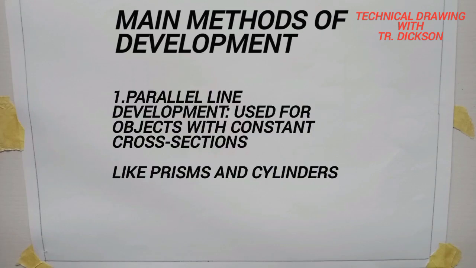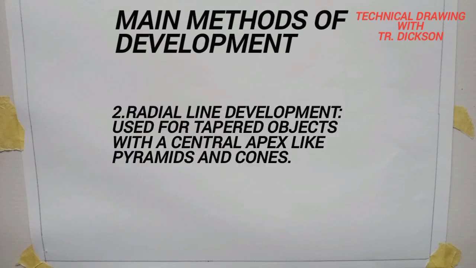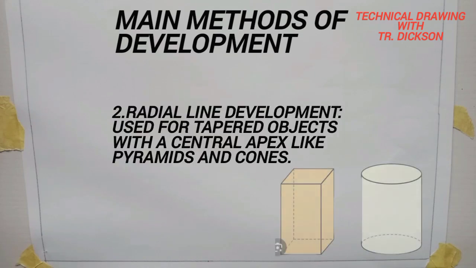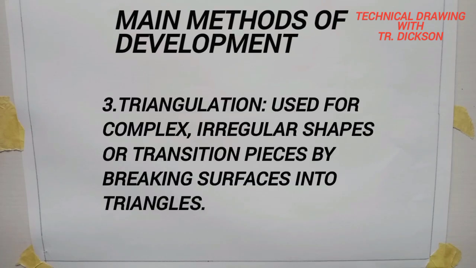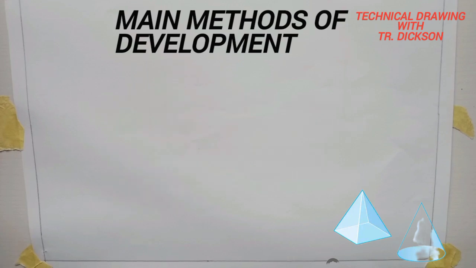So we have different methods of development, one of which is parallel line development, used for objects with constant cross-section like prisms and cylinders. Also we have radial line development, used for tapered objects with points like pyramids and cones. The triangulation method is for complex irregular shapes.